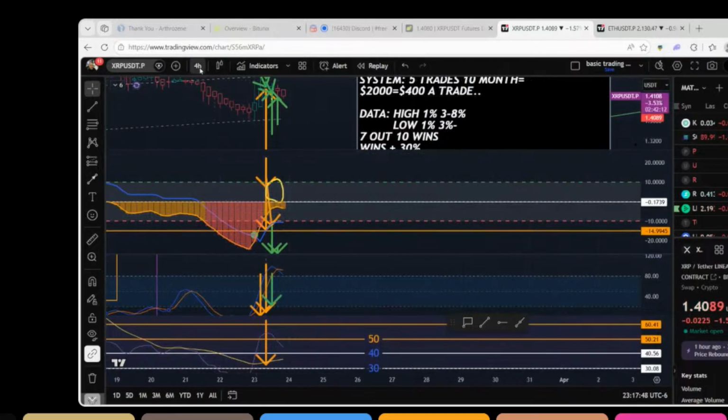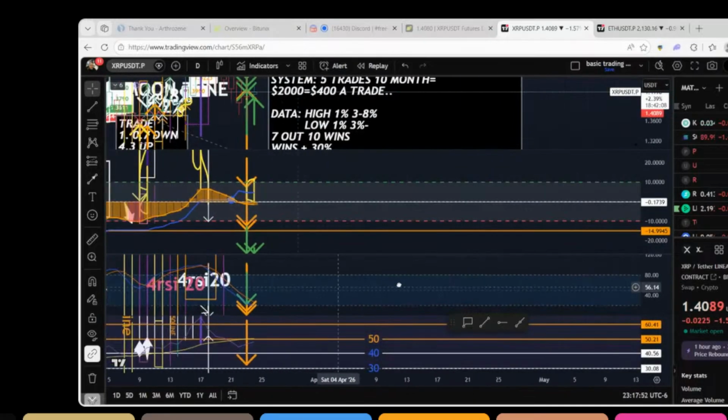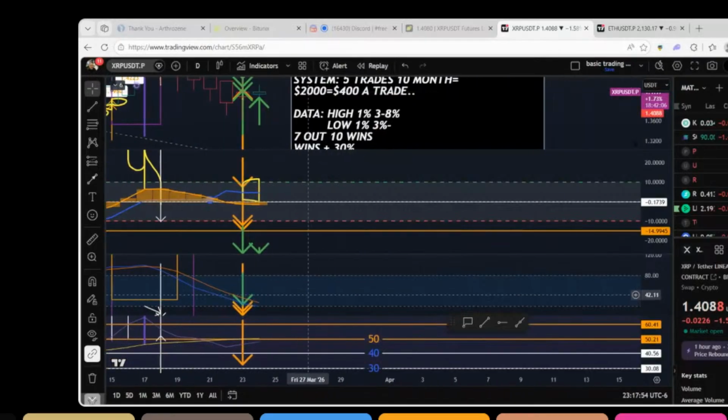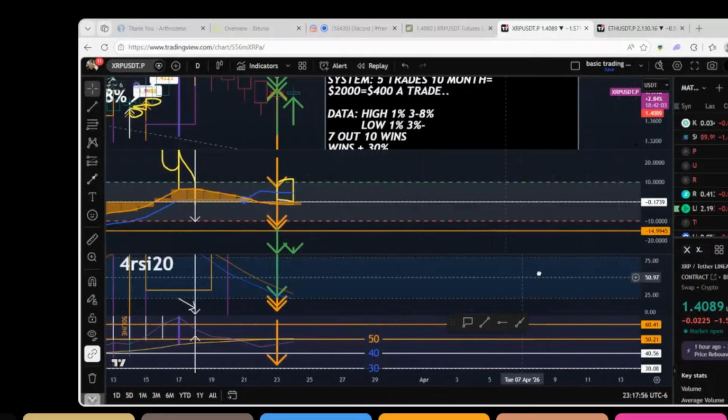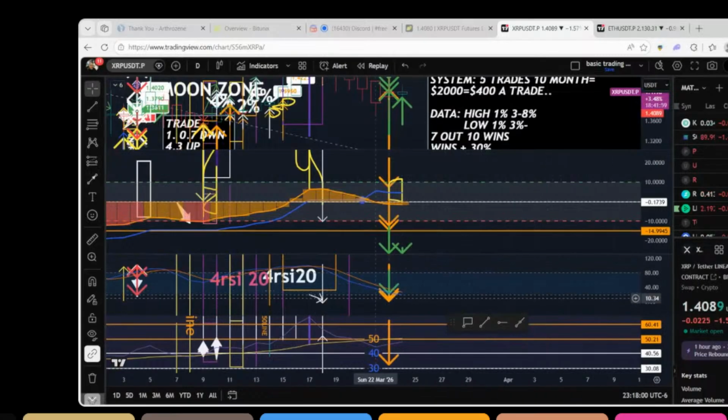Now it's just a question of the bigger time frames. If I go to the daily, this is how I can tell where we're at. You can see on the daily, if you go back to when the daily broke down, that was March 19th, so Thursday.